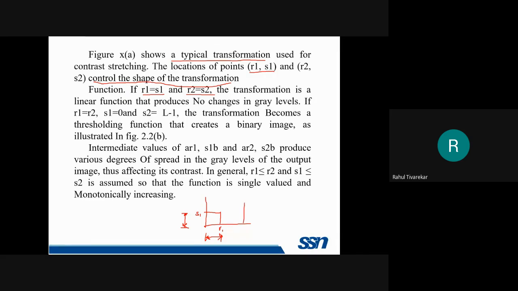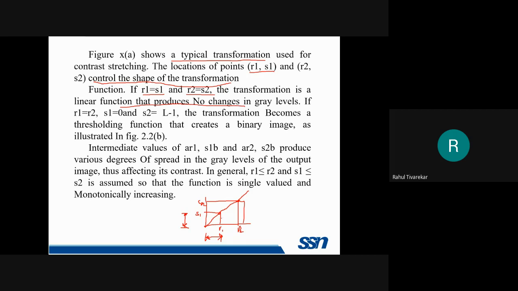And another point, R2 is equal to S2. So when R1 is equal to S1 and R2 is equal to S2, these 2 points make the line pass through them in a straight line without any additional inclinations. So we can say that the transformation is a linear function that produces no changes.